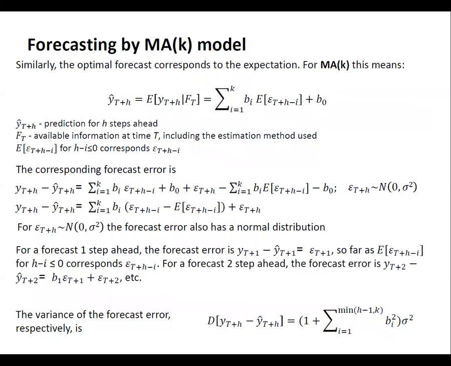And for the moving average process, this means that the optimal or average forecast is the moving average model itself: the sum from 1 to k of the coefficients of the moving average model, multiplied by the expected error with a lag. The forecast for h steps ahead, respectively, is the error with lag t plus h minus i, where i corresponds to the lag, plus b0.